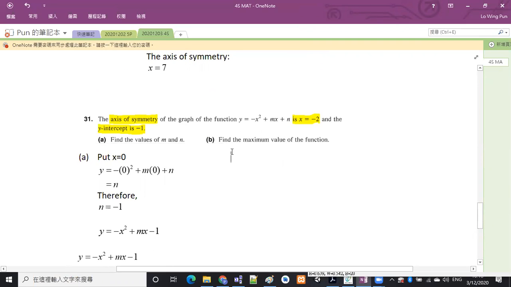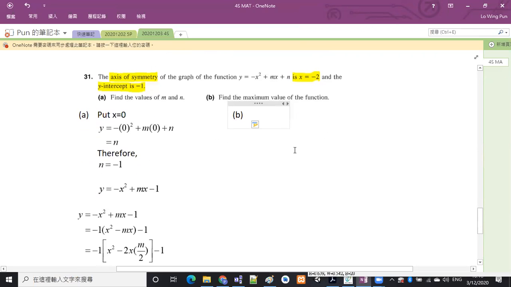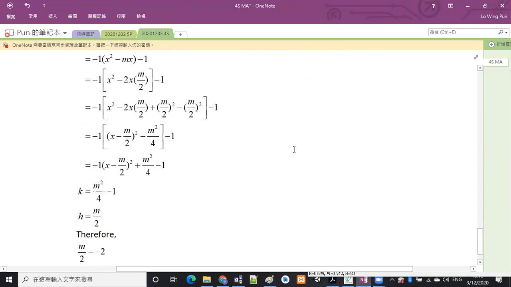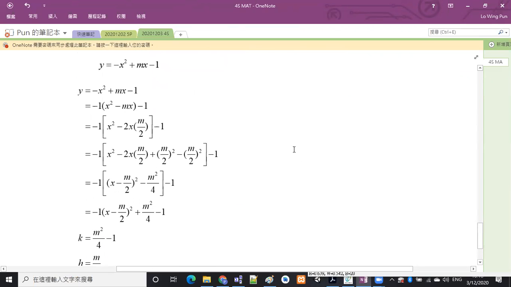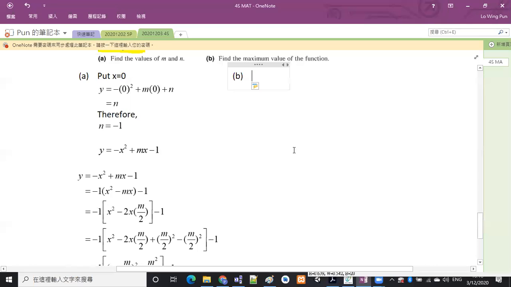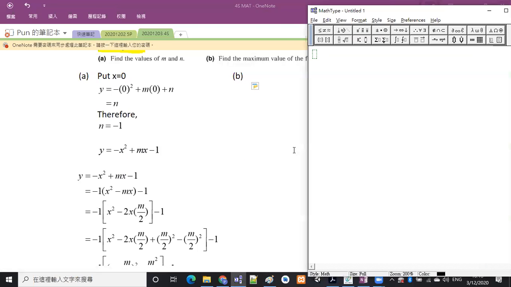And part B, we need to find the maximum value of the function. And when we have found the value of m, I write one more time the function without any unknowns. y equals negative x squared minus 4x minus 1, right?